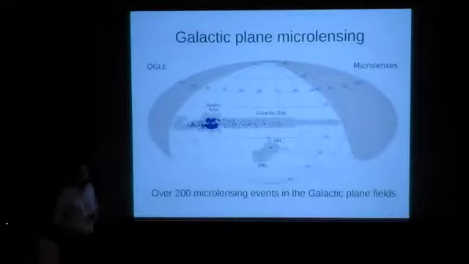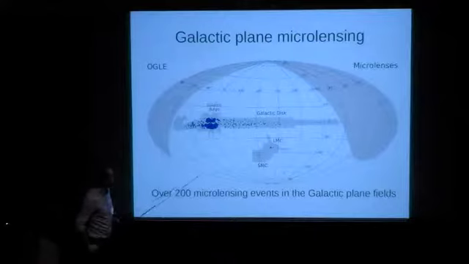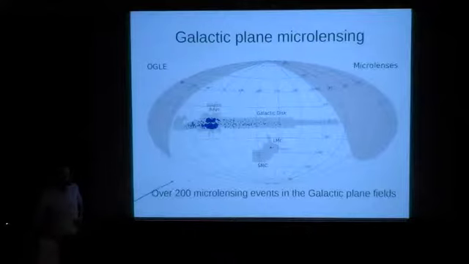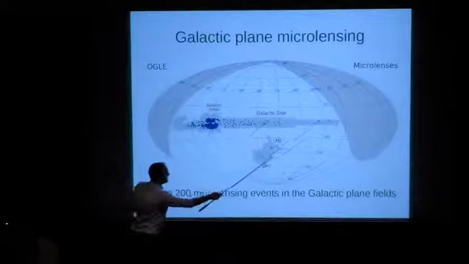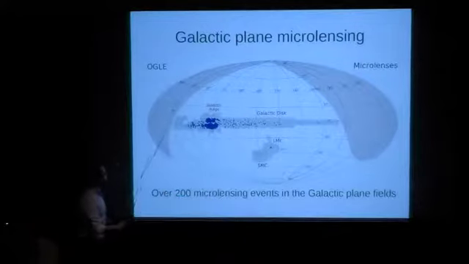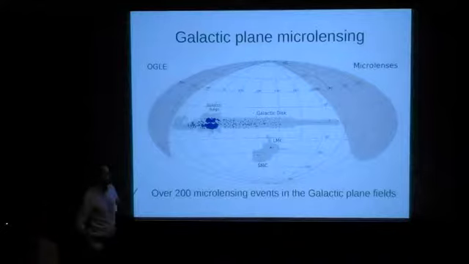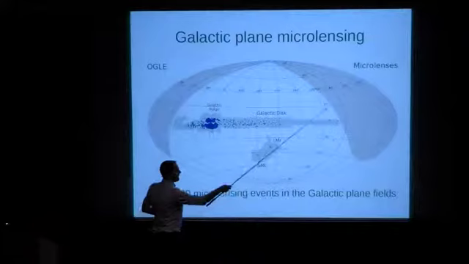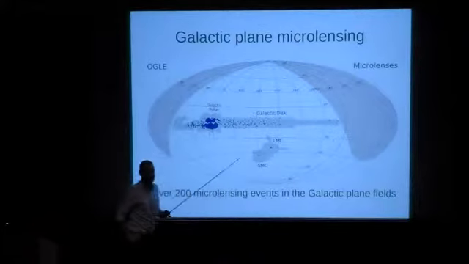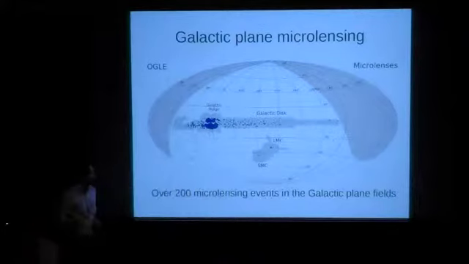And as Janek mentioned at the very beginning of the conference, we are also observing the galactic plane, the entire galactic plane that is visible from Las Campanas, and we do find microlenses there. We can find microlensing events as far as in the anticenter of the Milky Way.